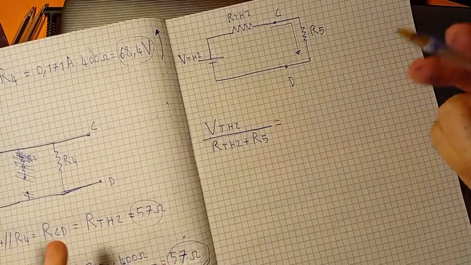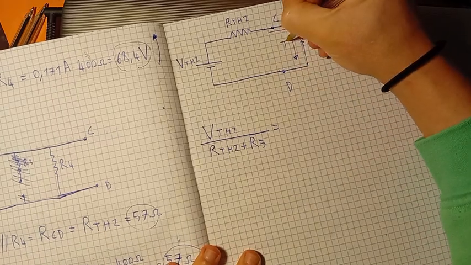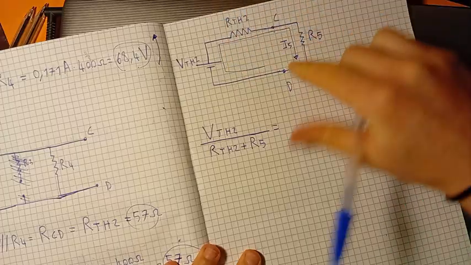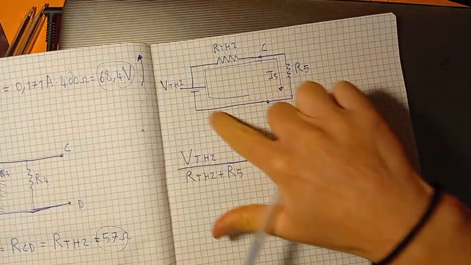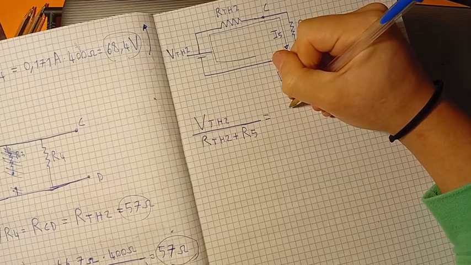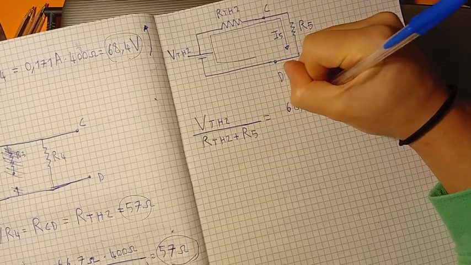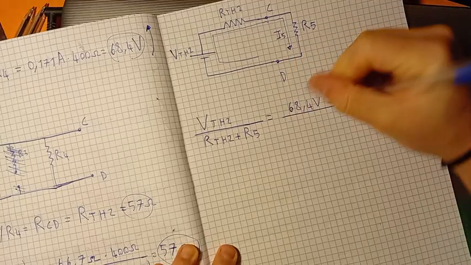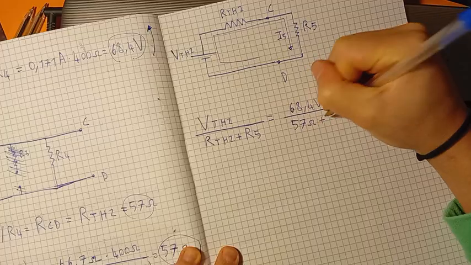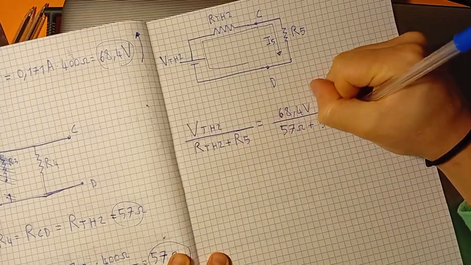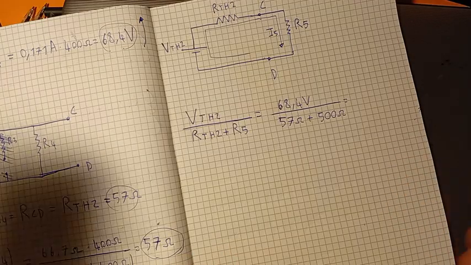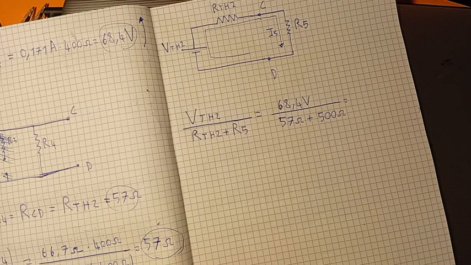So let's calculate this, and we'll find this current, called I5, which is just the current that flows through the whole circuit. VTH2 is 68.4 volt, RTH2 is 57 ohm and R5 is 500 ohm. So we just have to do this and we'll find our current.